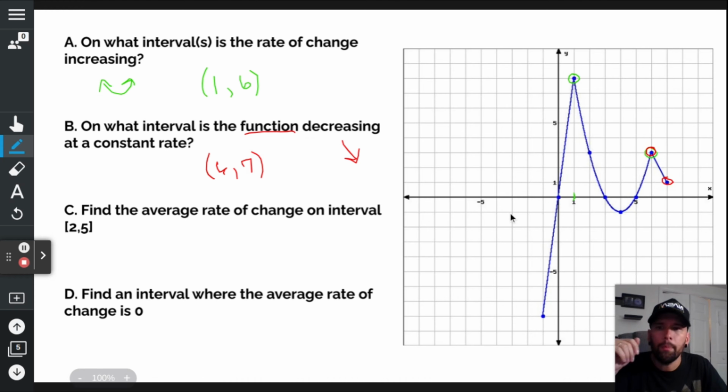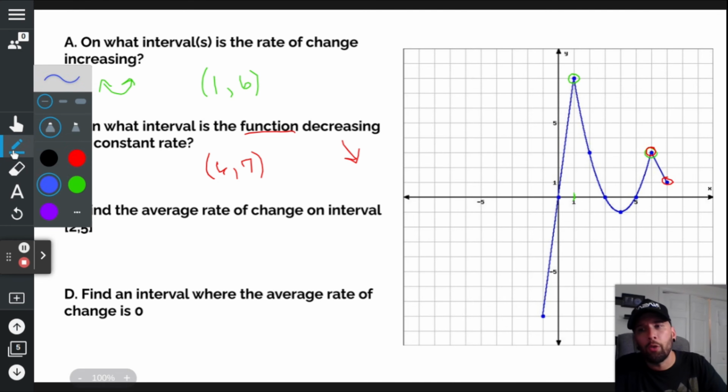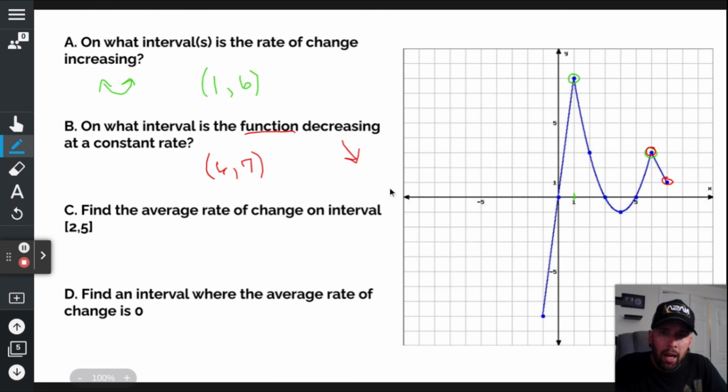Okay? Find the average rate of change on the interval 2, 5. Now, in the second slide, when we talked about the average rate of change, we wrote out a formula. We're not going to write out a formula here. What we're going to do is find x = 2, which gives us that point right there, and x = 5, which gives us that point right there.